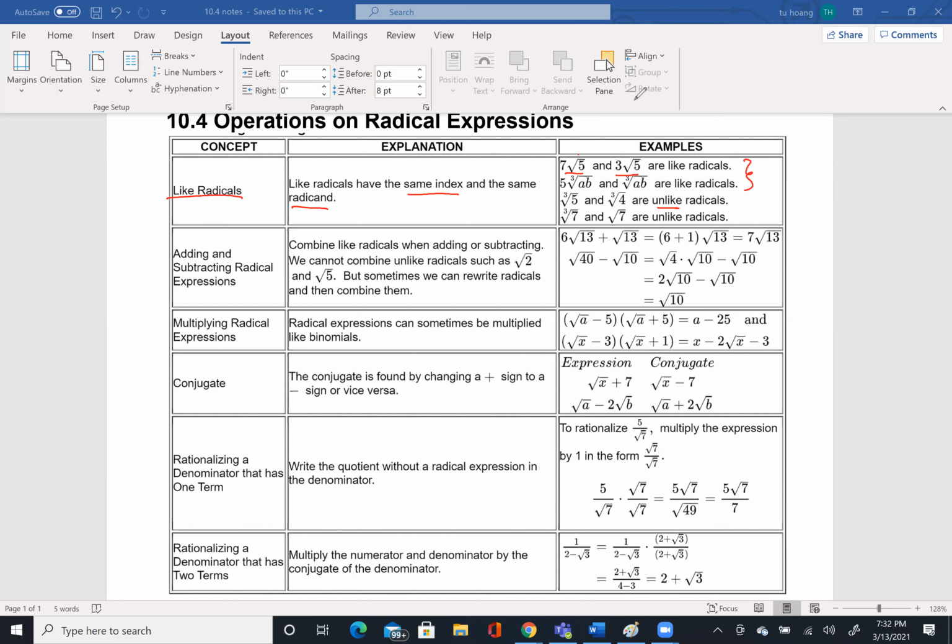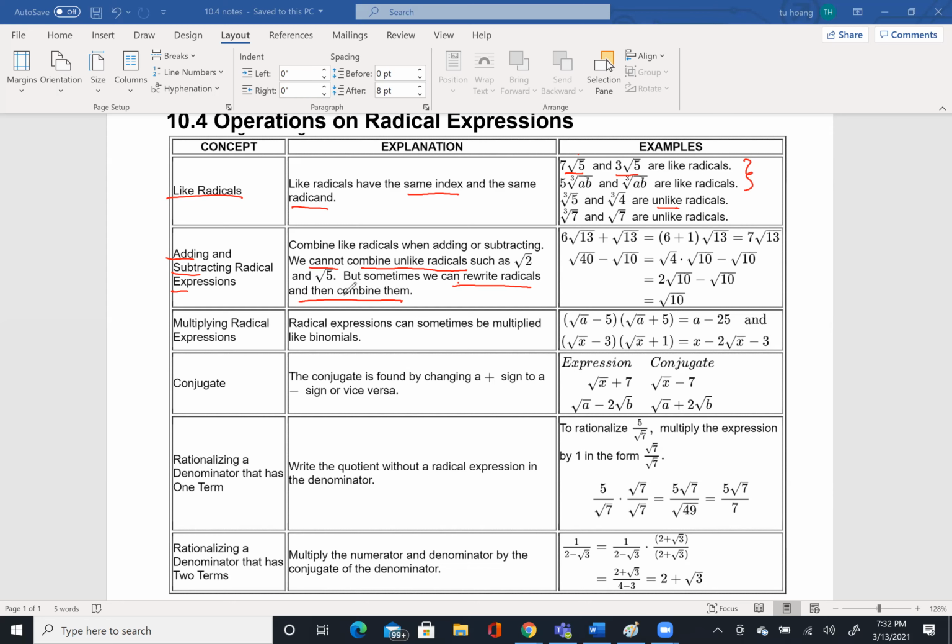For adding and subtracting radical expressions, you cannot combine unlike radicals, such as square root 2 and square root 5. But sometimes you can rewrite radicals and then combine them.